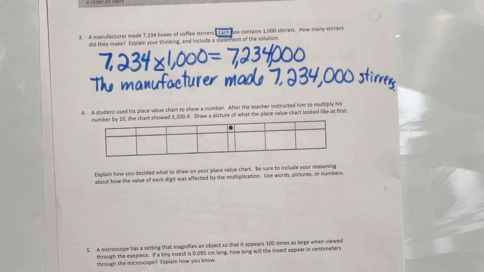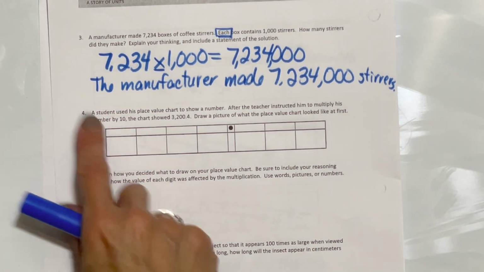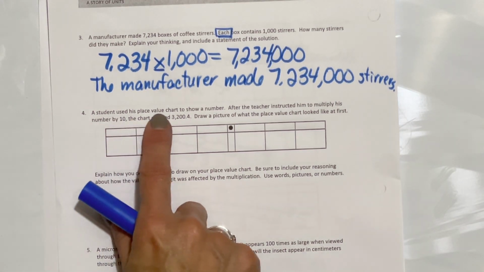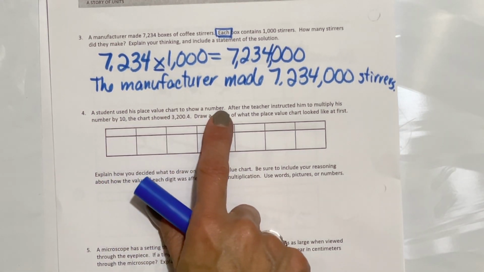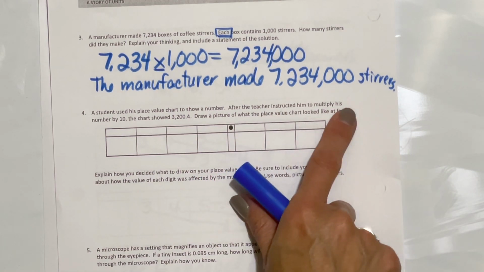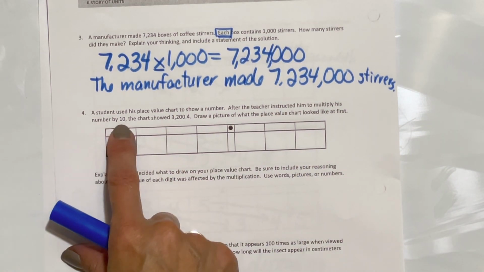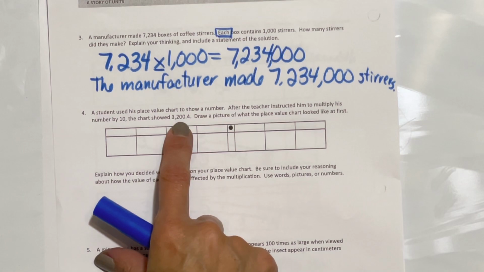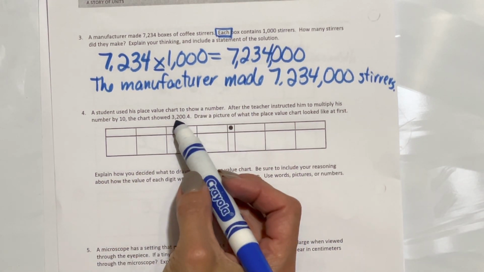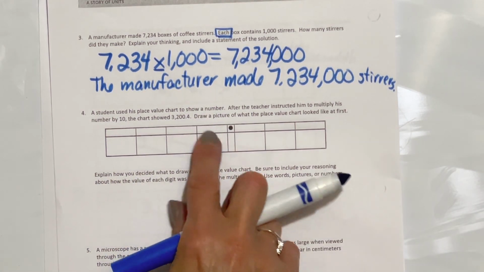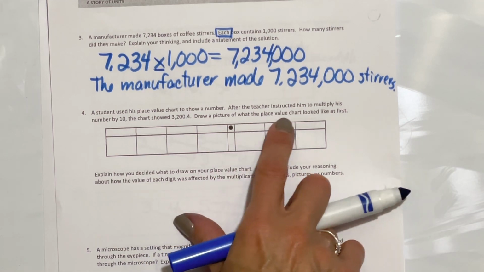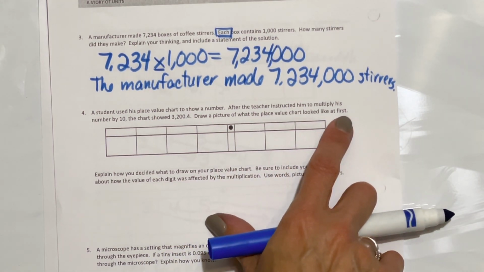If you need to, we can always pause. Okay. A student used his place value chart to show a number. After the teacher instructed him to multiply his number by 10, the chart showed 3,204 tenths. Draw a picture of what the place value chart looked like at first.